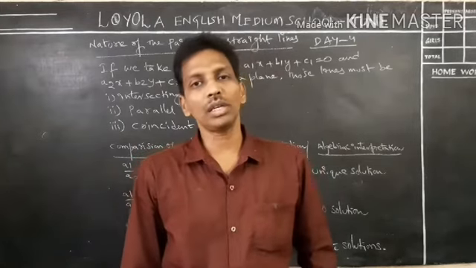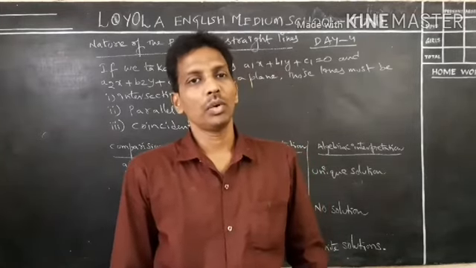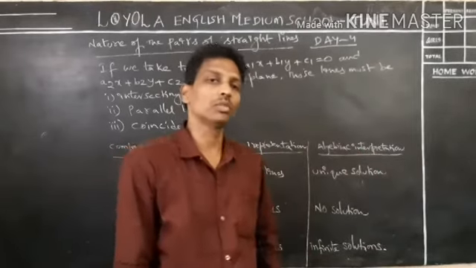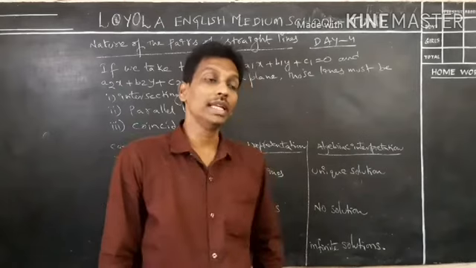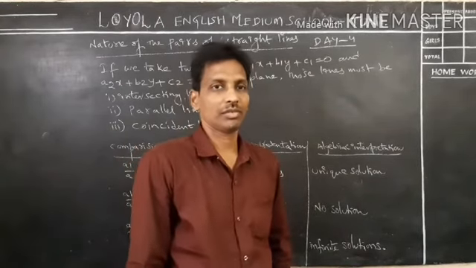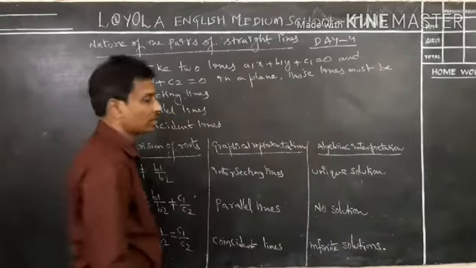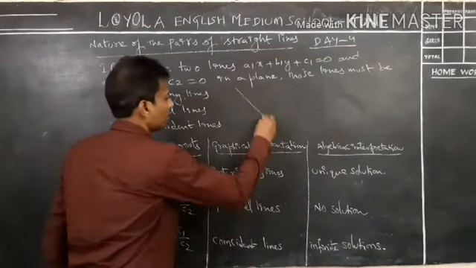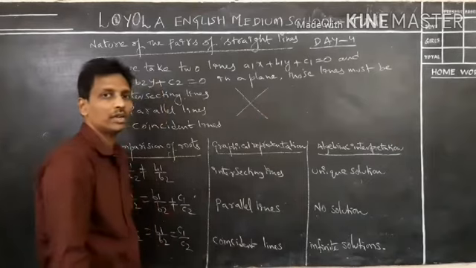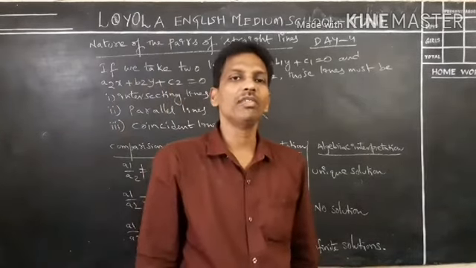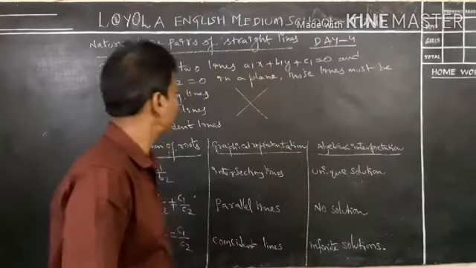After choosing some ordered pairs and representing them on a graph sheet, we come to know the nature of any two lines. For the given two lines, they may intersect at one point. When the two lines intersect at one point, there will be one solution.